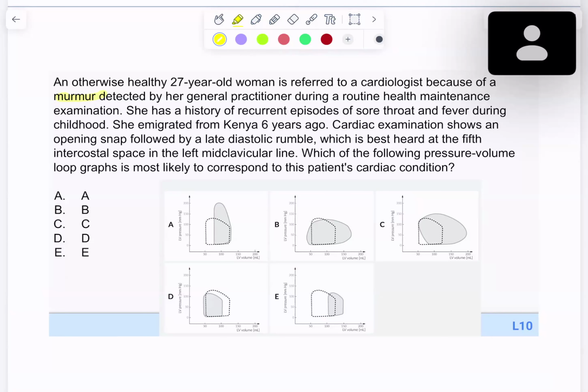Cardiac examination shows an opening snap followed by a late diastolic rumble, which is heard best at the fifth intercostal space in the left midclavicular line. Which of the following pressure volume loop graphs is most likely to correspond to this patient's cardiac condition? So they give you a lot of words, but what you need to know here is it's a diastolic murmur and where they heard it.